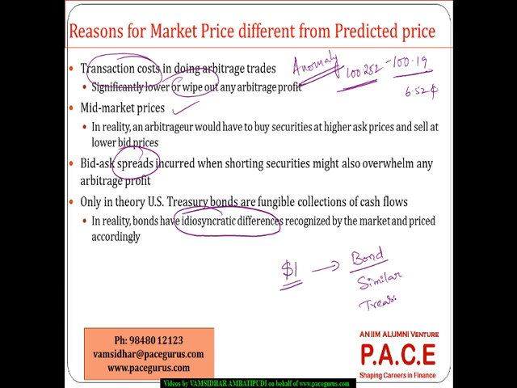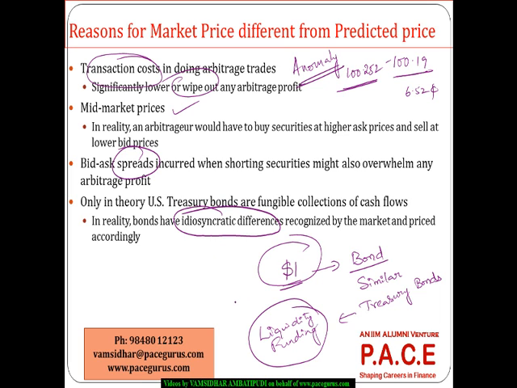That kind of mechanism does not work in reality, because the liquidity issues could be different, or the funding issues could be different. So there could be various other things that may come up, which means there is some level of idiosyncratic differences between the bonds. It's not that $1 received in the future from a treasury means the cash flows are the same whatever the bond is. There is some amount of difference.